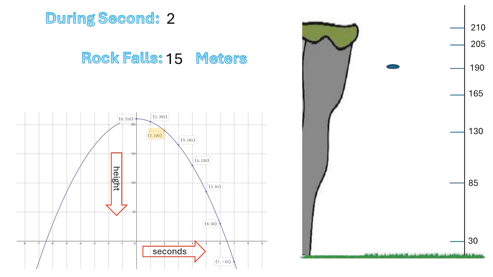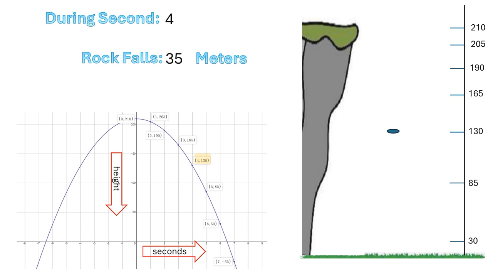In the second second, the rock falls an additional 15 meters. And then in the third second, the rock falls 25 meters. In the fourth second, the rock falls 35 meters.